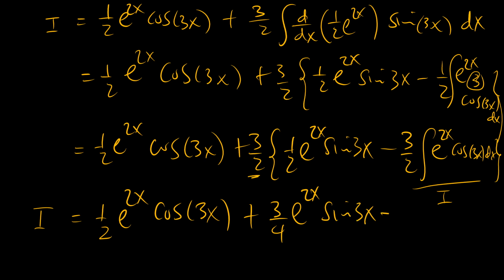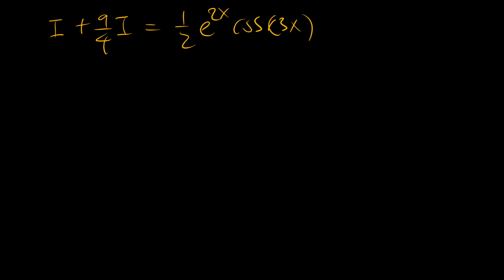This times that, we get 9 over 4 I, and we want to bring that to this side, so we have I plus 9 over 4 I is equal to a half e to the 2x cosine 3x plus 3/4 e to the 2x sine 3x.